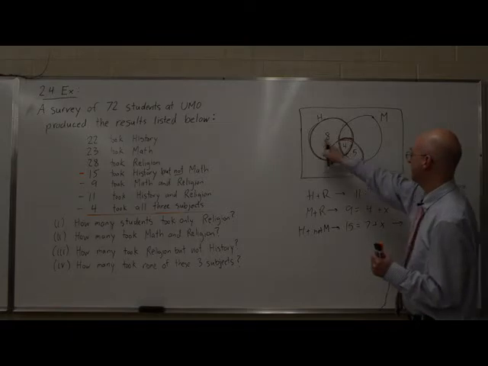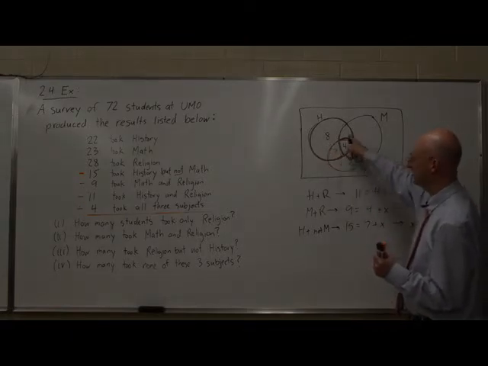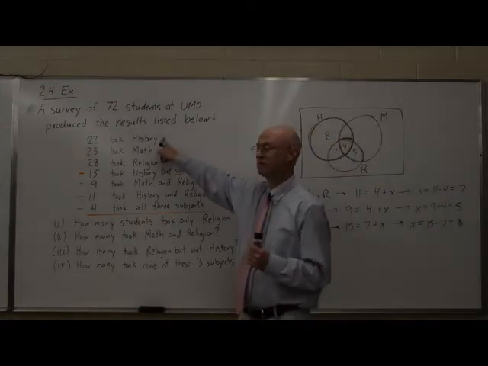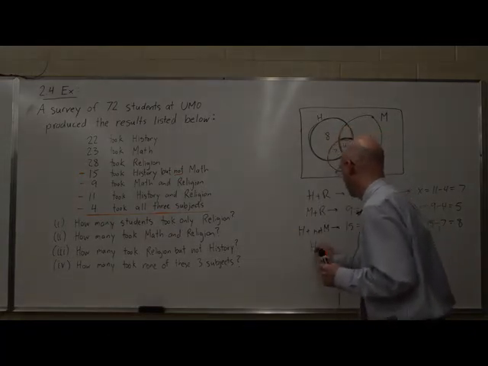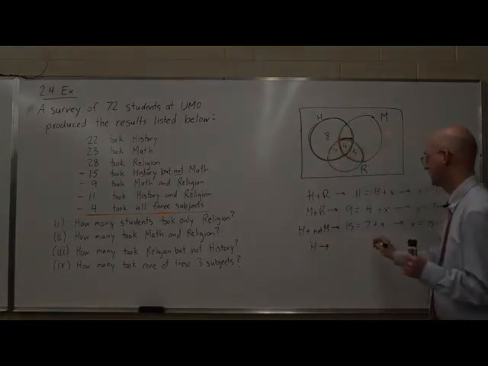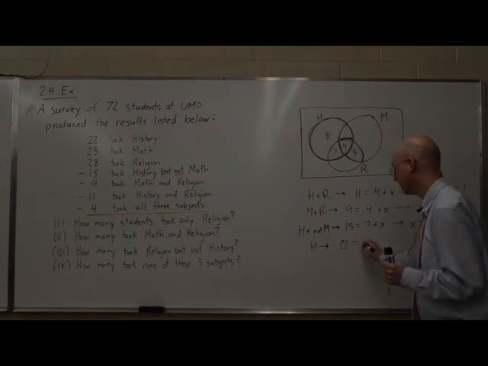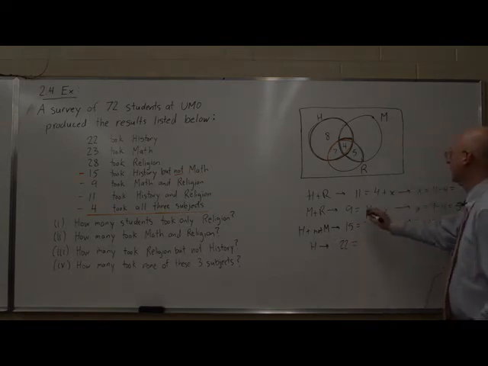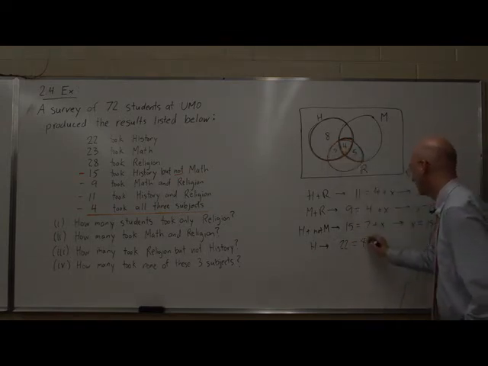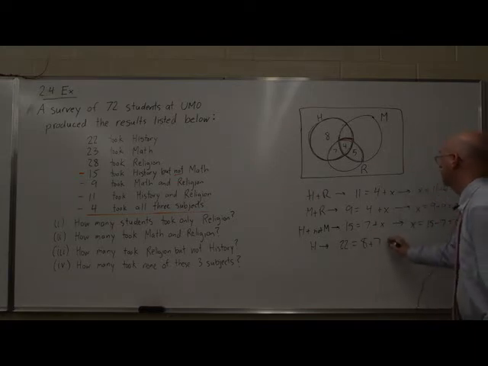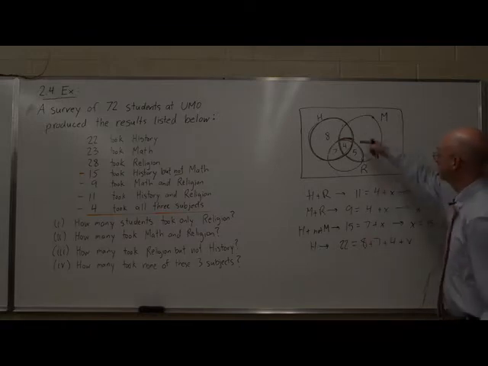Notice that we already have 8 and a 7 and a 4 and then a blank, and we're told that 22 students took history. So we will say that the 22 total students has to equal 8 plus 7 plus 4 plus our unknown fourth piece, which we'll call x again.